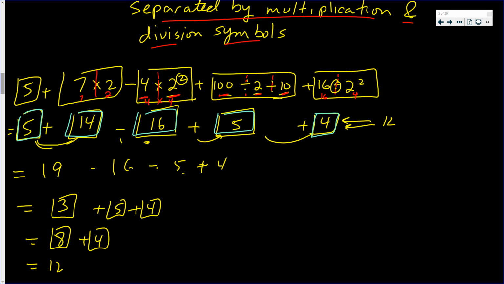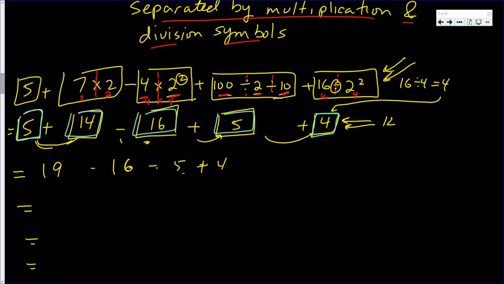You already have it down to one number. Like over here, we had to figure out that it was 16 divided by 4. But once we knew it was 4, you're good. So for the rest, you don't need to write brackets or boxes.